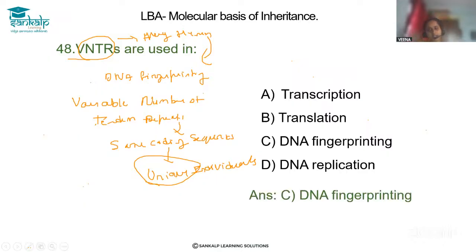Already you all know that DNA fingerprinting has so many applications, to find out the culprit and to find out the parents of an unknown child. That is called parental dispute. In all these areas DNA fingerprinting is used. Okay, thank you.